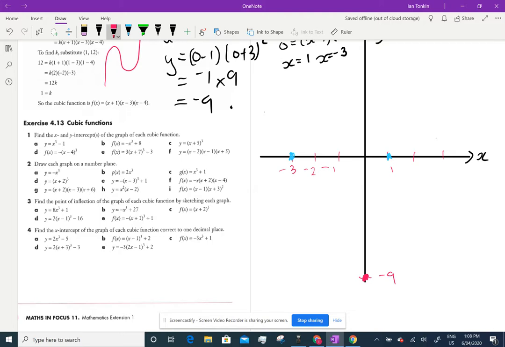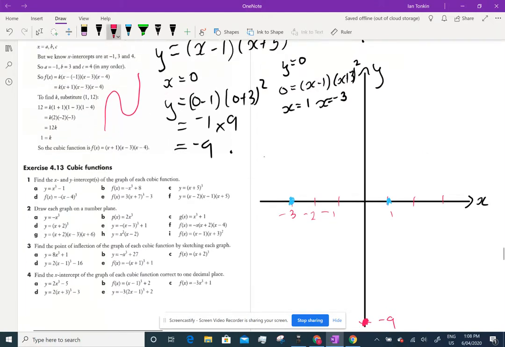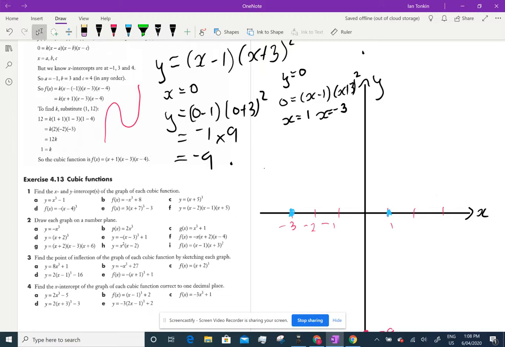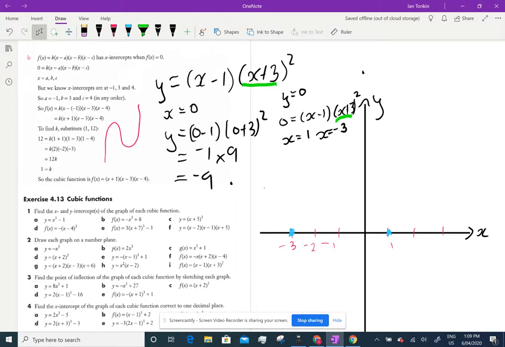So how are we going to do that? Now, you're not meant to find where these lumpy bits are, but this thing here, it's what we call a double root, and a double root is a turning point.